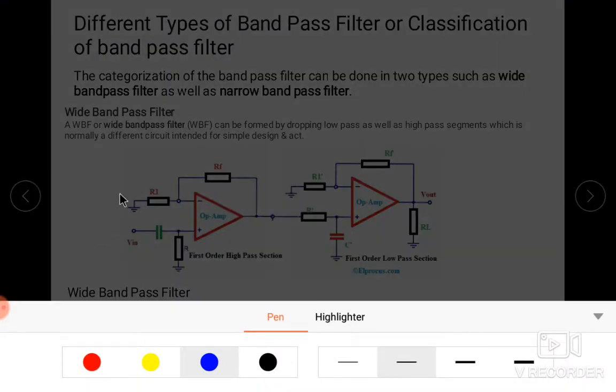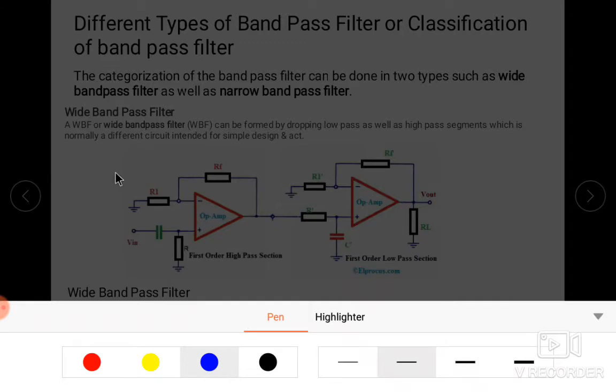First of all, I'll tell you what the band pass filter actually is. I have already taught you what the band pass filter is, but in this section I repeat it again.